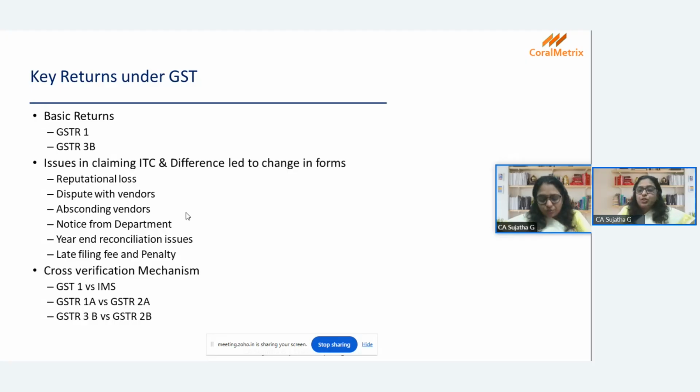Because of these issues, there is a reputational loss, in the sense that a lack of trust begins. Once the trust is lost, everything is lost. So what happens? Every vendor is asked to file a monthly return.